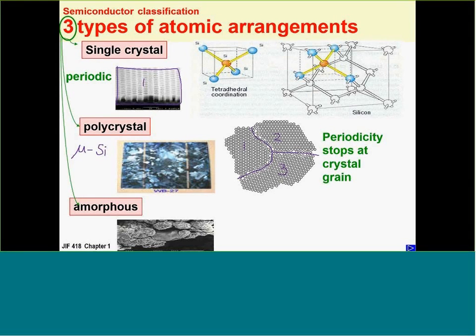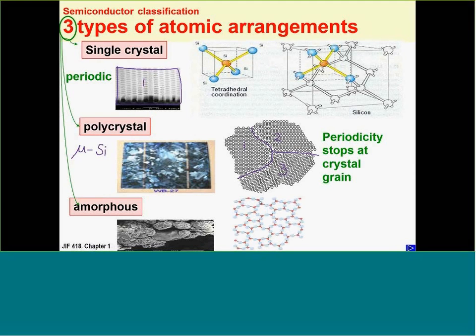Okay, amorphous basically, if you look here, in the arrangement, at times there's linkages 1, 2, 3, 4, 5, and then at times, over here is 1, 2, 3, 4, 5, and then this one, you see 1, 2, 3, 4. I mean, there's hardly any periodicity.